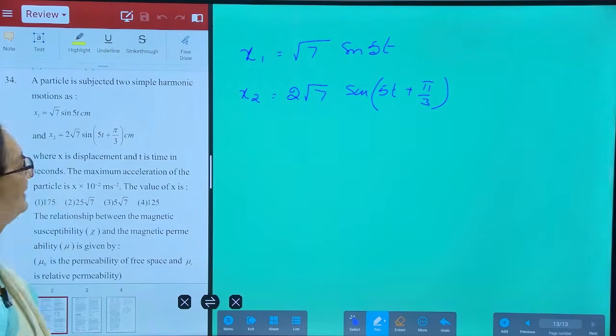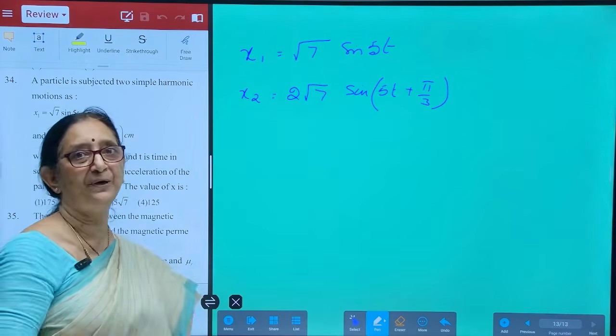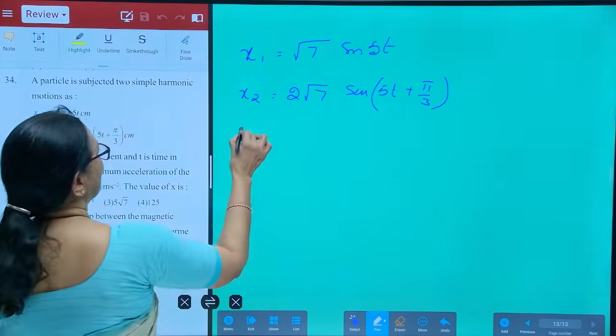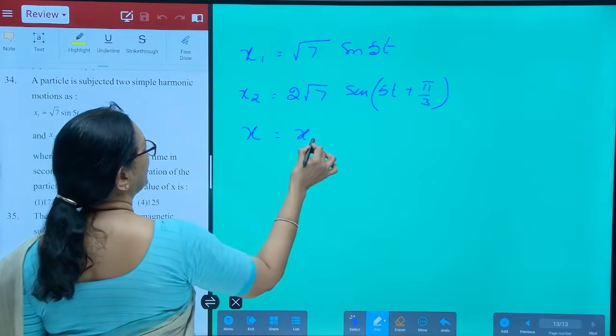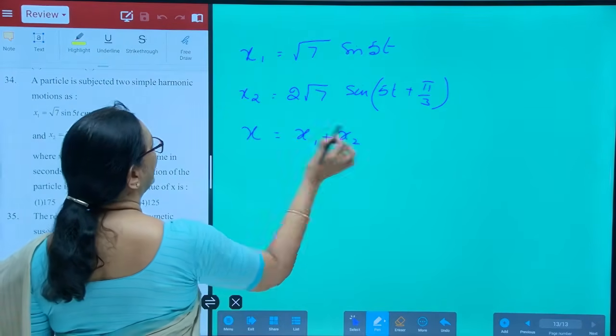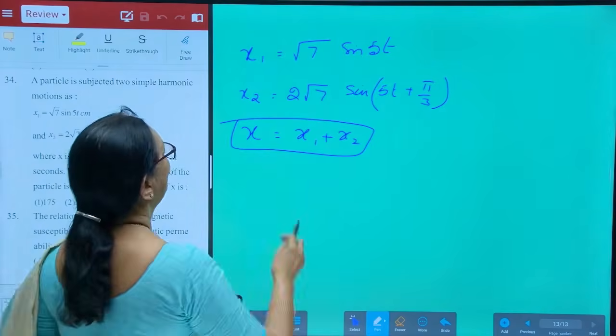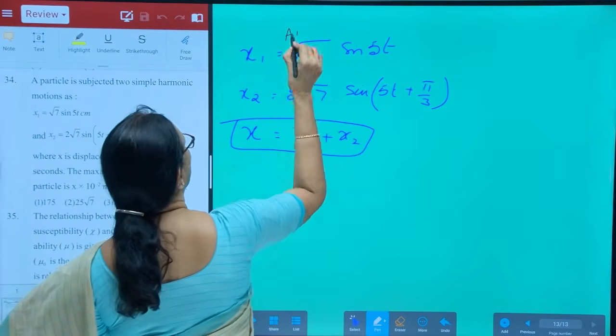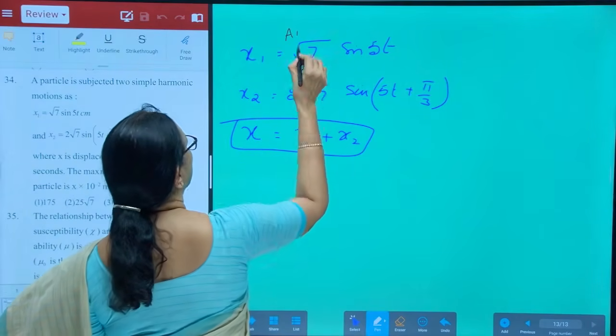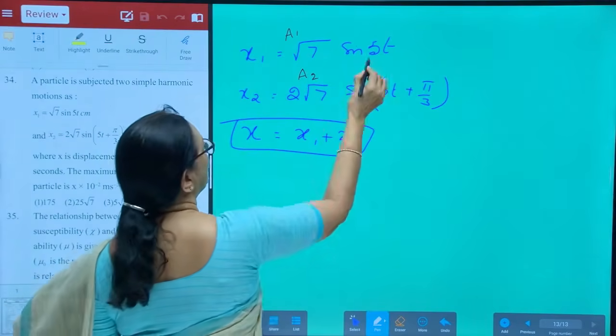A particle is subjected to two simple harmonic motions. That is, x is due to the superposition of these two simple harmonic motions. Then, see here, we take this as amplitude of the first oscillation, this as the second oscillation.